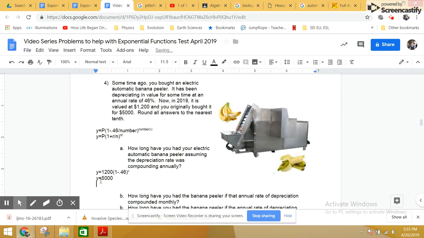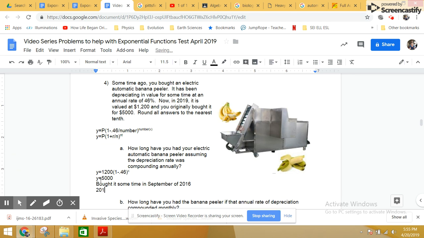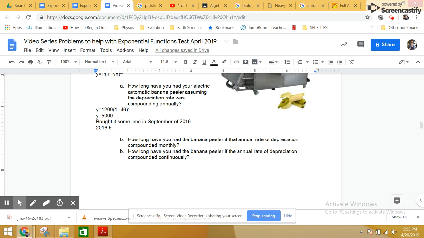So we can say bought it sometime in September of 2016. I say September because there's 12 months, but 9/10 is approximately sometime in that 9th month of 2016. You could have gotten away with saying 2016.9, and I would accept that, but you can take it that extra step. So it was bought probably sometime in 2016 in September.